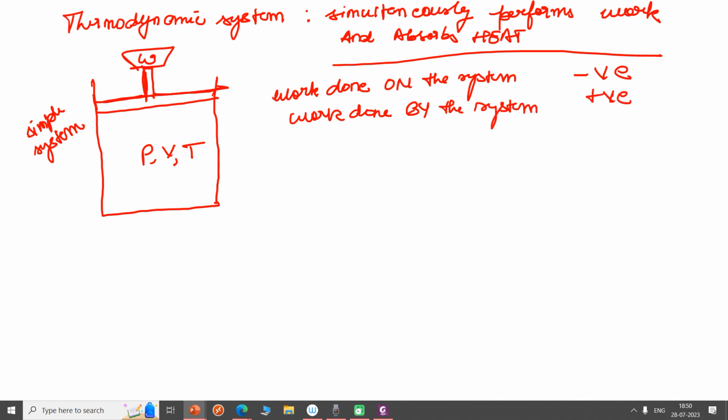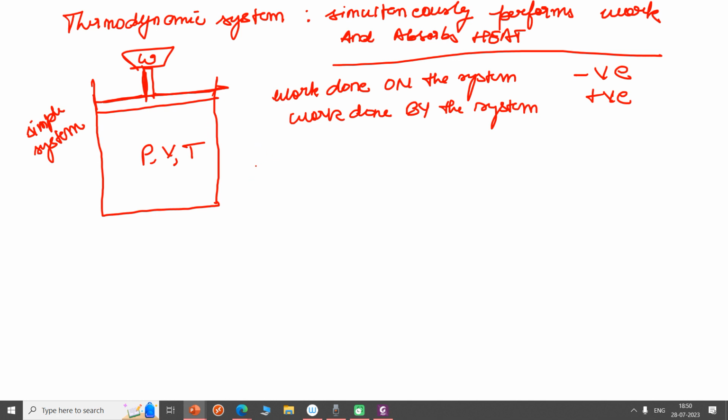In the first part we'll consider that only work is performed and there is no absorption of heat. So when the system performs some work, there is a change in internal energy.